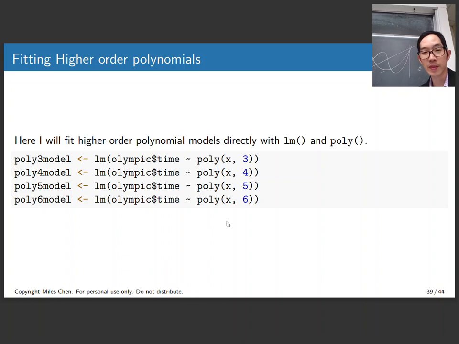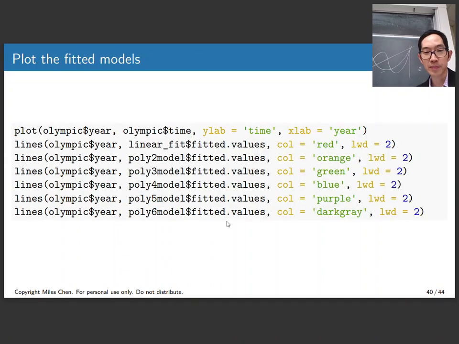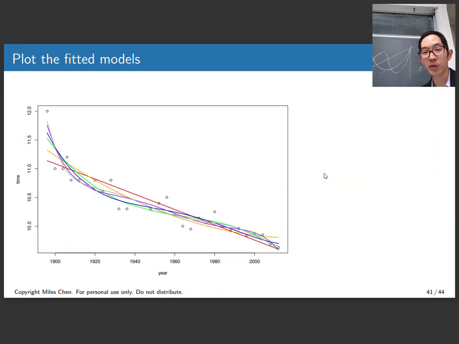And here I'm going to plot all of these things. This shows our original dots, and then in red we'll have the linear relationship, and then orange, green, blue, purple, and dark gray will be linear, quadratic, and so on and so forth. And what is the resulting fit?